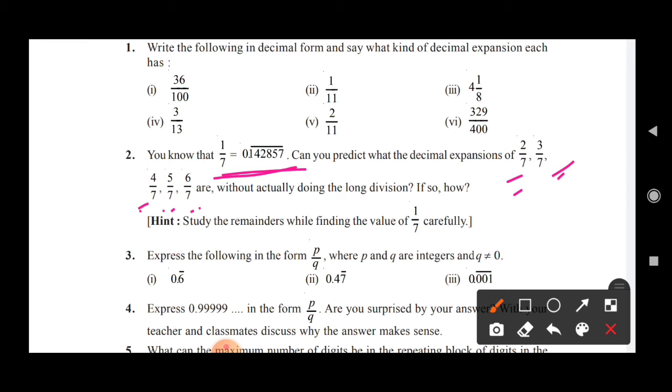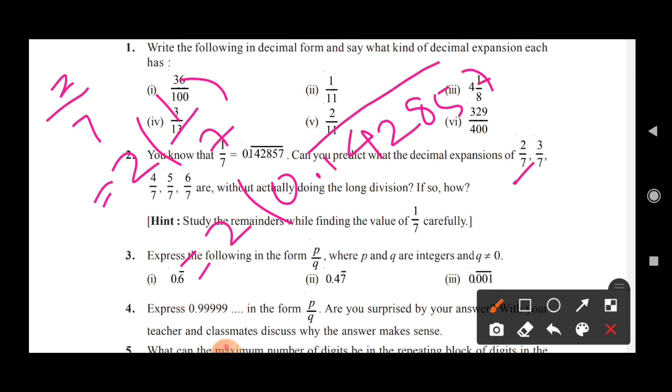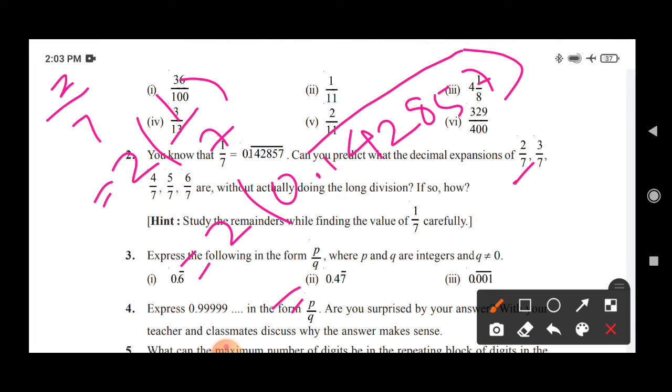Okay, so you can write 2 by 7 as 2 into 1 by 7. So 2 into, and the value of 1 by 7 is 0.142857 bar. So if you multiply this term by this 2, then you will get an answer.